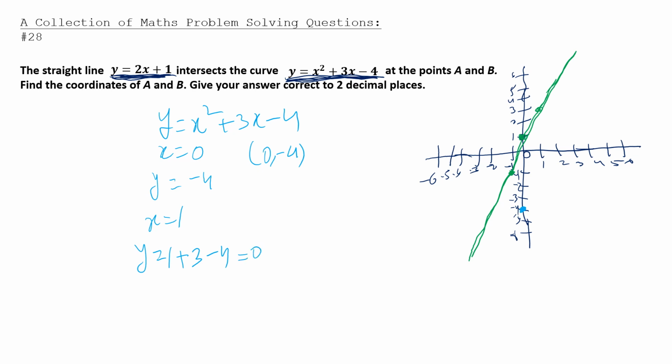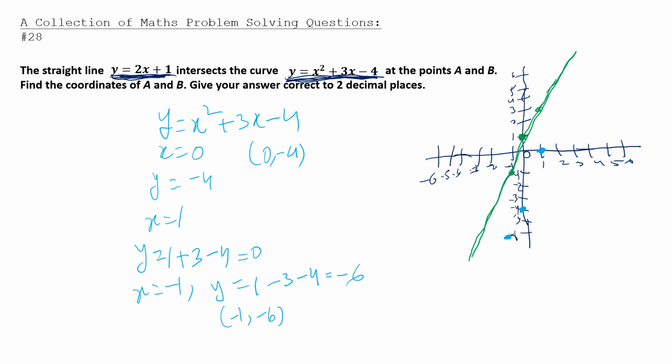So 1 and 0 is the other point, and that is here. Then if I do x is minus 1, y equals 1 minus 3 minus 4, that is minus 6. So the other point is minus 1, minus 6, and that would lie here.